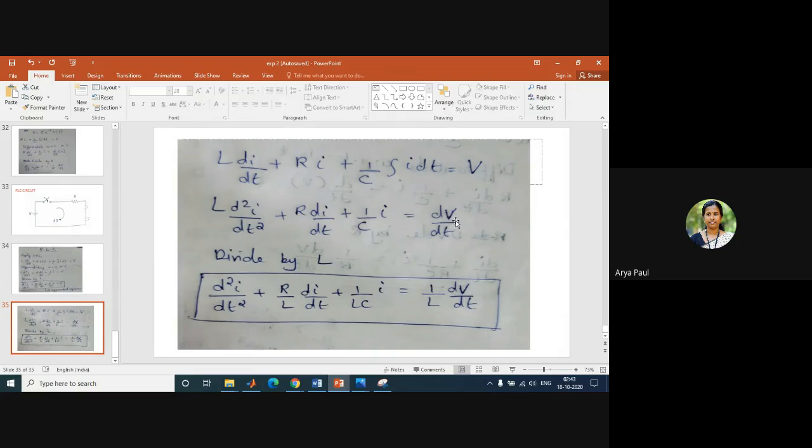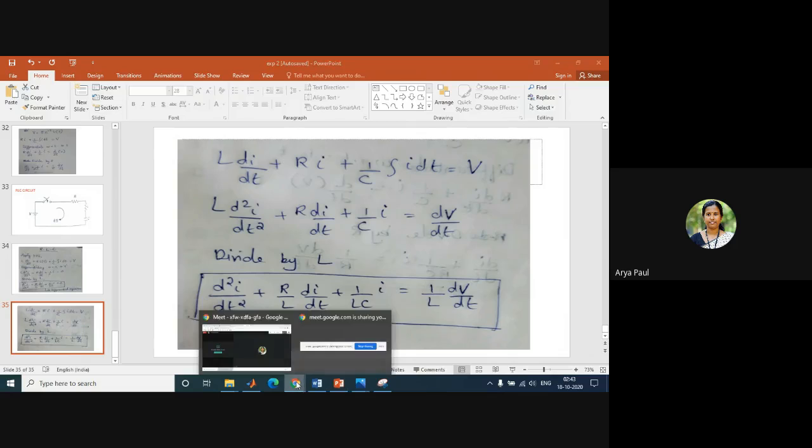Then divide by L, and you get this differential equation. On the right hand side you can see 1 by L into dV by dt, not 0.